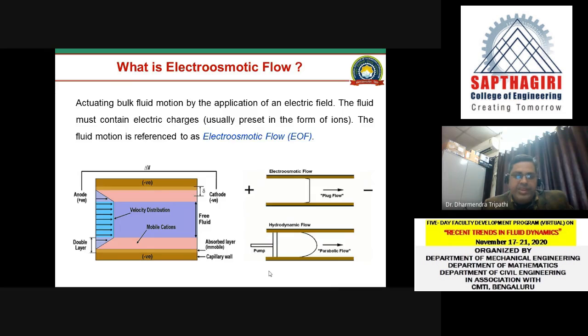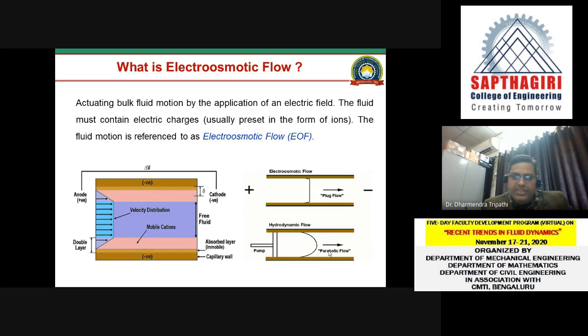It means when there is a channel, and we apply some force at the end, like when we do some pumping, or apply force at the inlet portion and generate high pressure at the inlet, and at the outlet there is zero pressure, then fluid flows from high to low pressure.